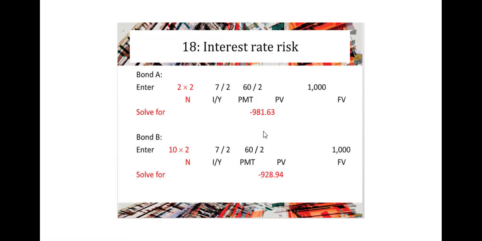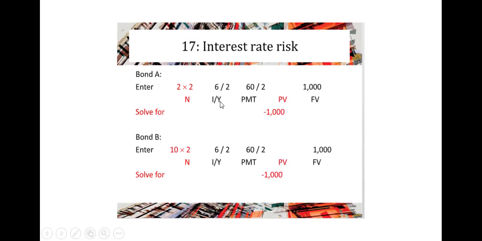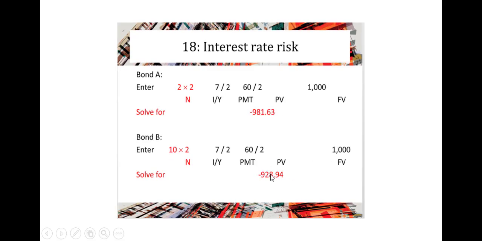Right. So in this case, for the 2-year maturity bond, the present value is 1,000. For the 10-year maturity bond, the present value is also 1,000. For the 2-year bond, when the market interest rate increased from 6 to 7%, the present value of the bond is 981.67. And for the 10-year bond, the present value falls further to 928.94.